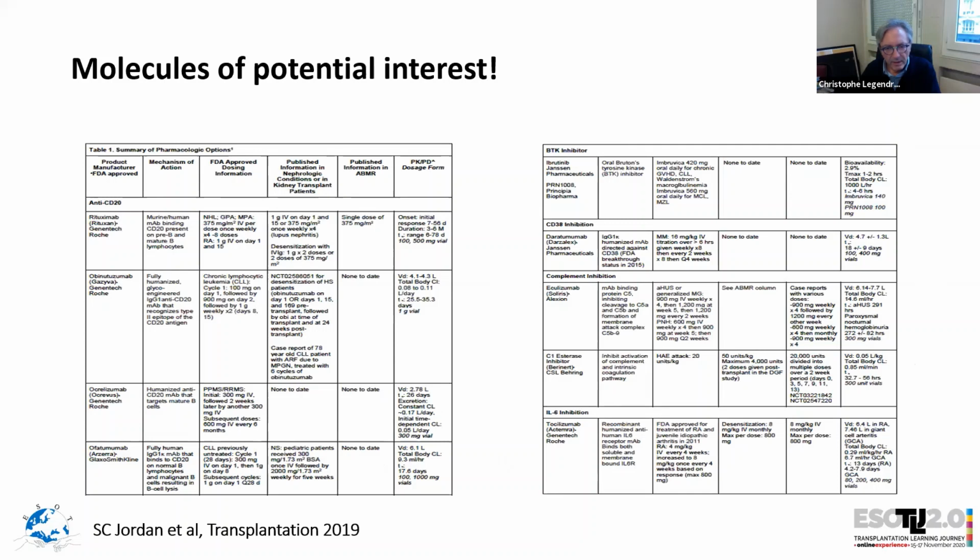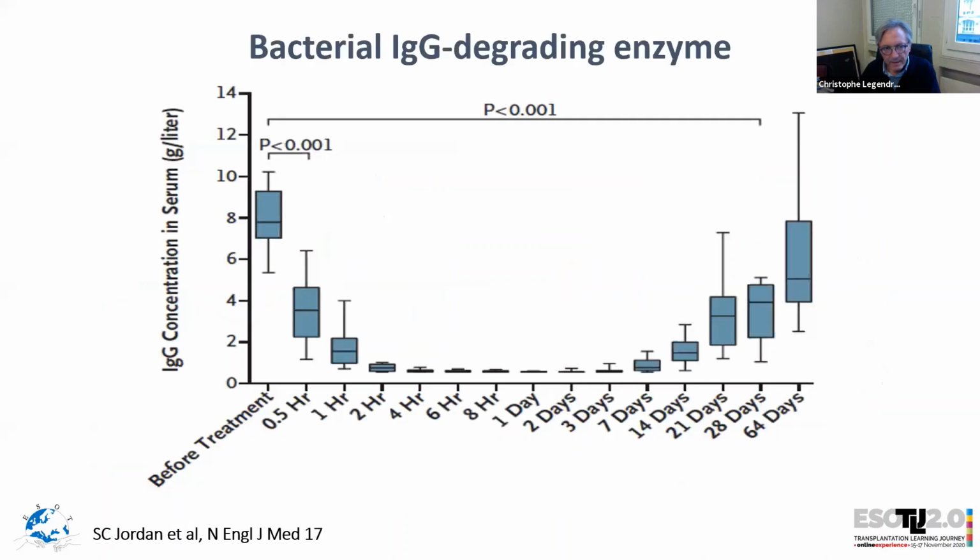We have drugs devoted to plasma cells, like bortezomib or carfilzomib, which are proteasome inhibitors, and so far none of these drugs have given very positive results.